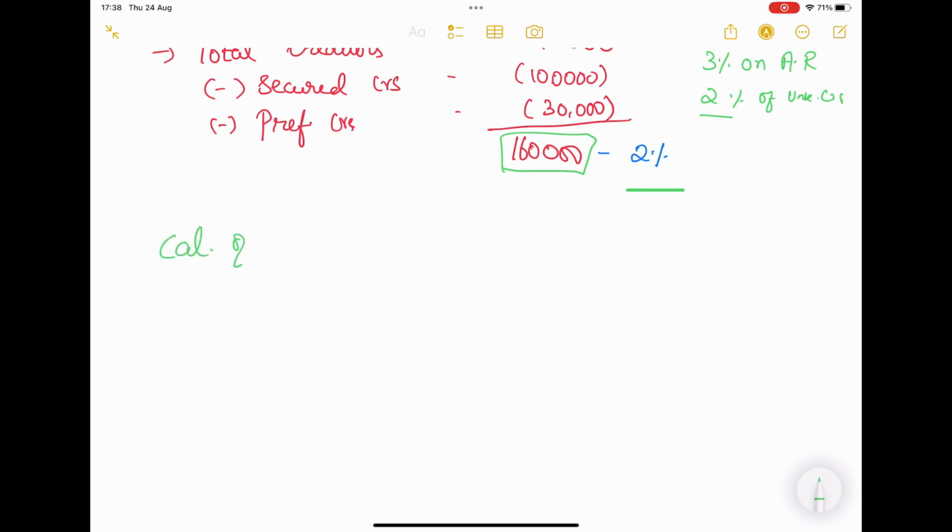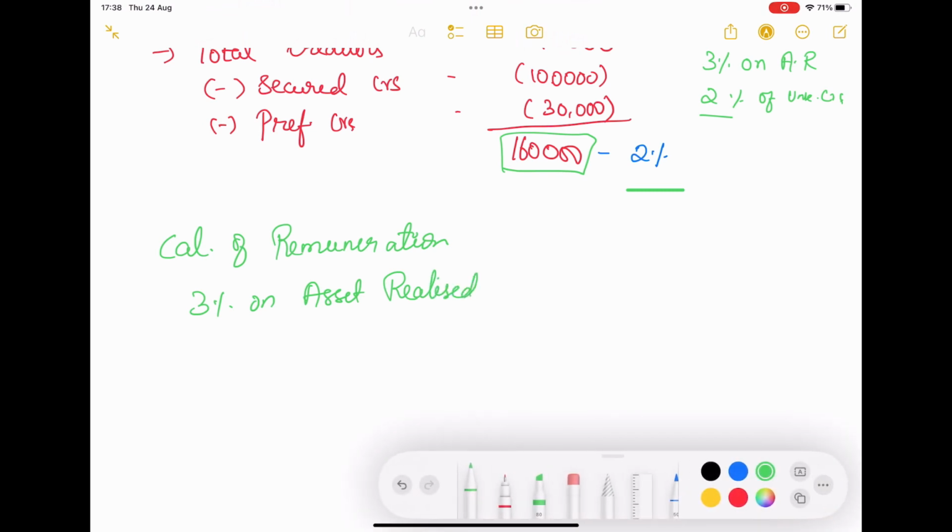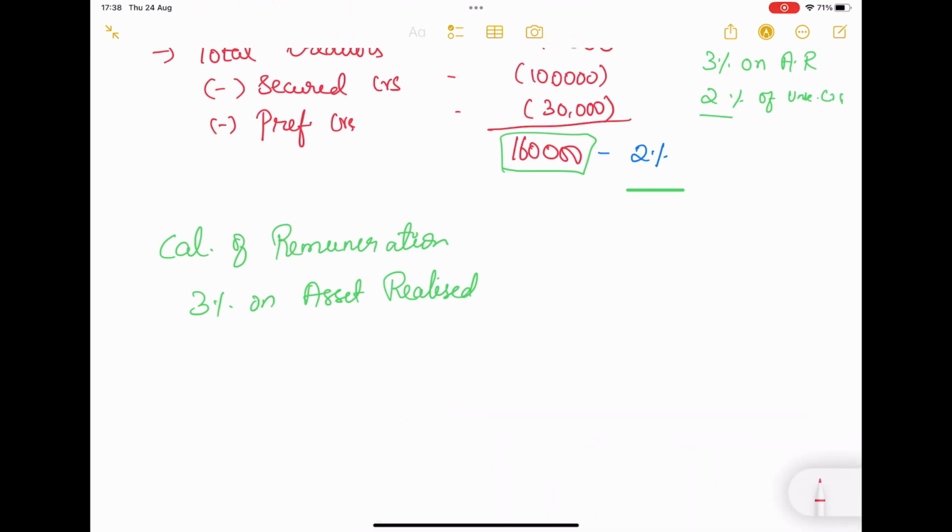Calculation of remuneration. So 3% on asset realized. The value of asset realized is 10,40,000. 10,40,000 into 3%. 3% means 3 by 100.